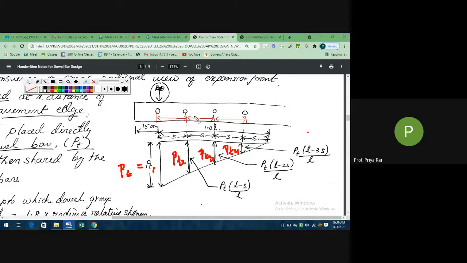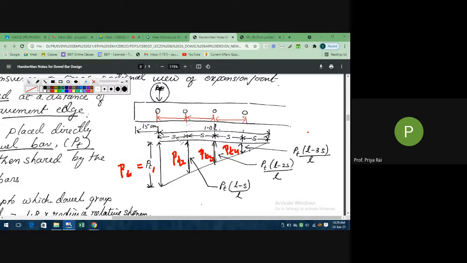What is the technical word? Suppose this is one student, this is another student, this is the third, then the fourth. The gap between them has one technical name. So what is that name?